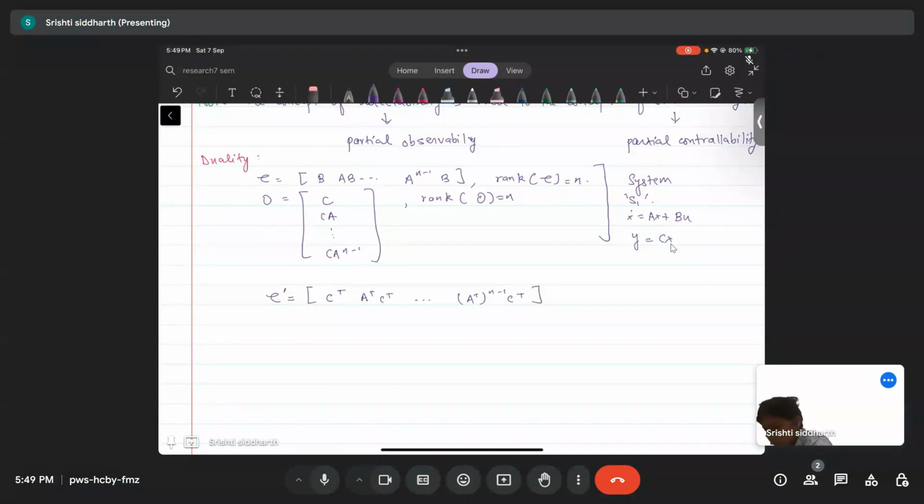Let's say this was for the system S2. Observability matrix for S2 becomes B, AB, and A to the power n minus 1 B.